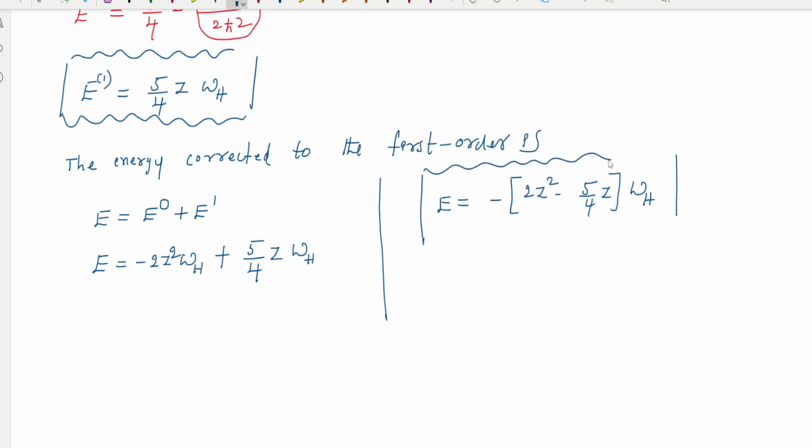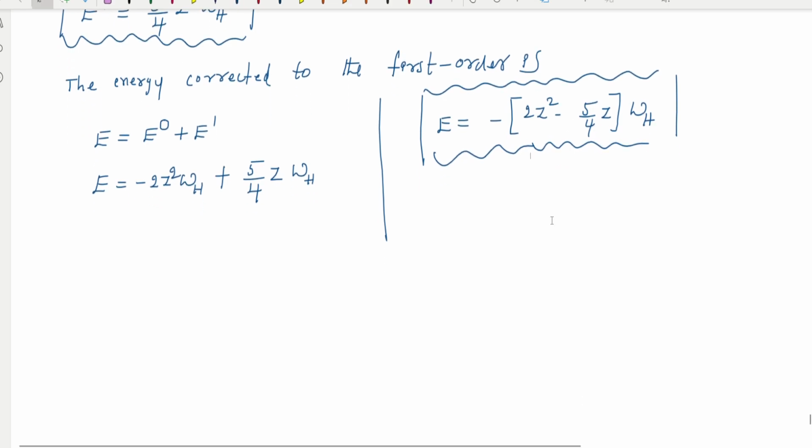If you want to calculate this type of system, for example, take the ratio of the first order correction energy term, 5 divided by 4 Z W H, divided by the ground state energy term, 2 Z squared W H.